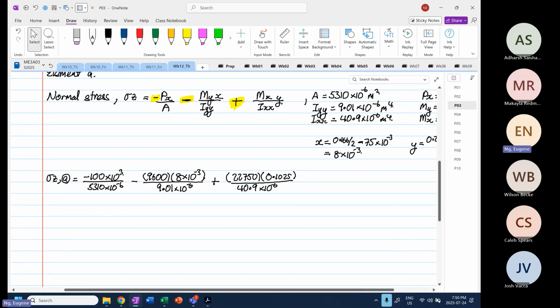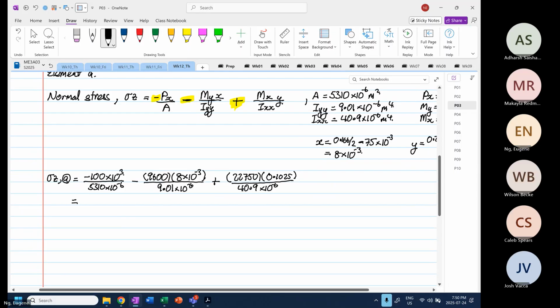So now you compute your values. You have 100 power 3 over 5310 power minus 6, so you have 18.832 times 10 to the power 6, minus 9600 times 8 power minus 3 divided by 9.01 power minus 6.